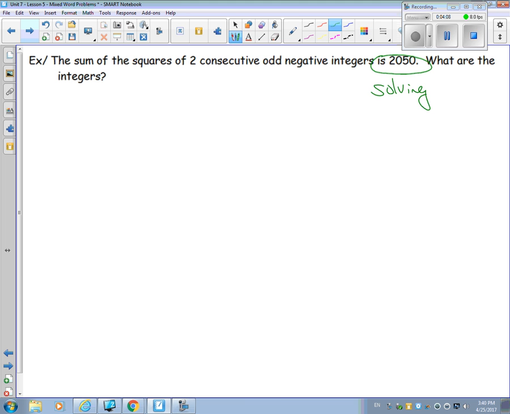But again, we weren't given an equation, so we need to set this up. What do we know? Well, we know the first number is x. We'll call it the first odd negative integer. How do I get the next odd negative integer?